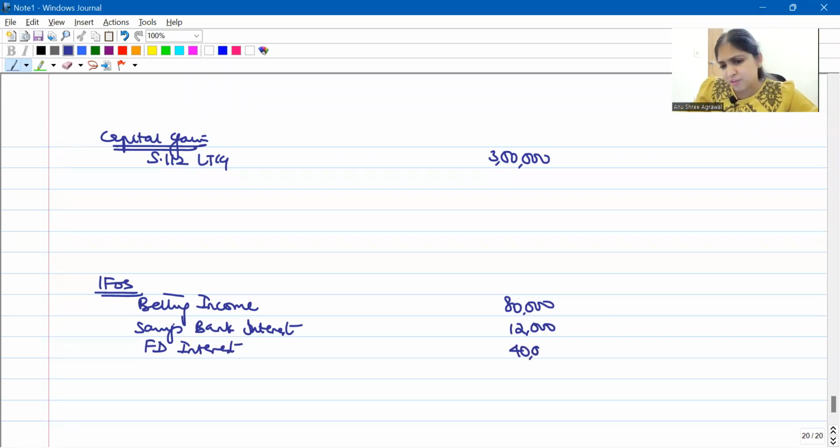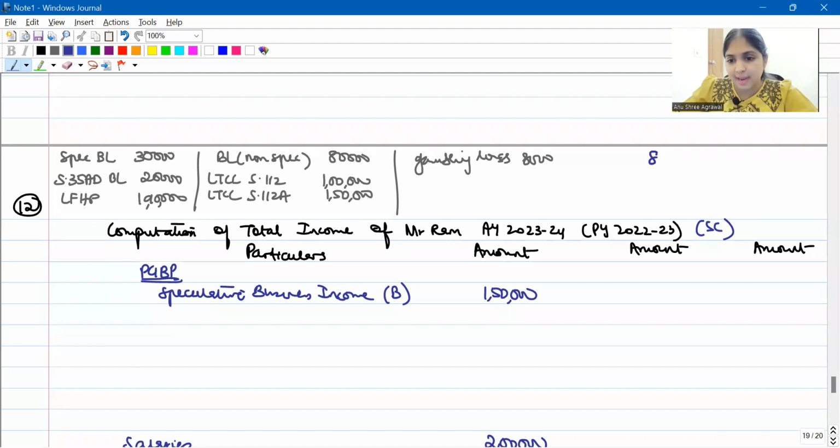Guys, savings bank interest, FD interest, does any section come to your mind? Are you thinking about something? She's senior citizen. So which section are you supposed to think about? 80TTB, right? Senior citizen, you will think about 80TTB because 80TTB is much more beneficial than 80TTA. 80TTB is only for senior citizens. So 80TTB is something which I have to handle at the end. I'll make a note of that also over here.